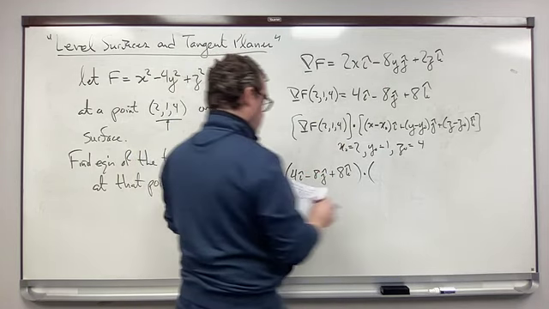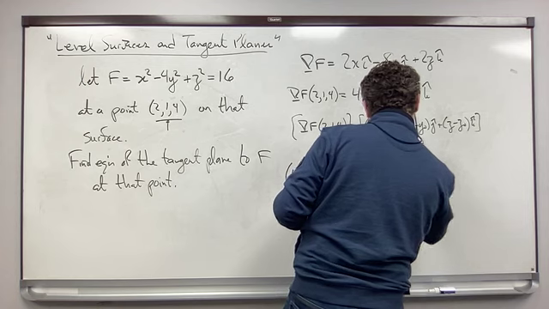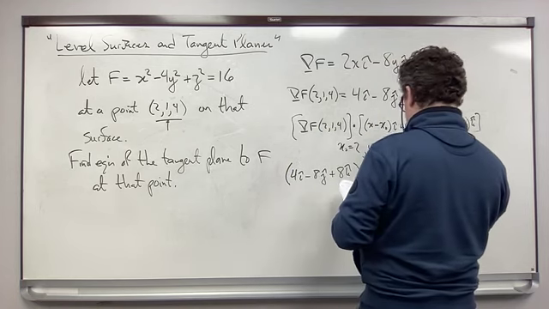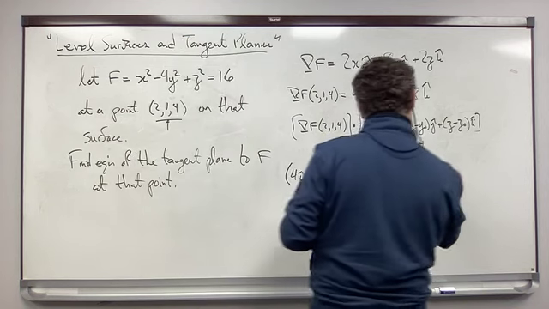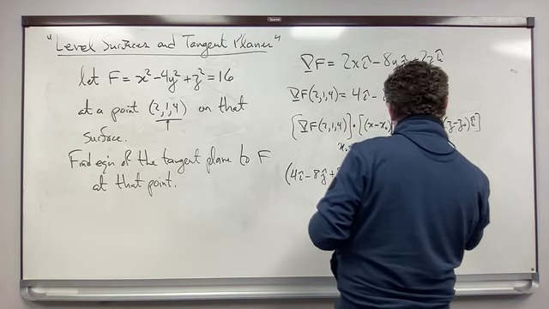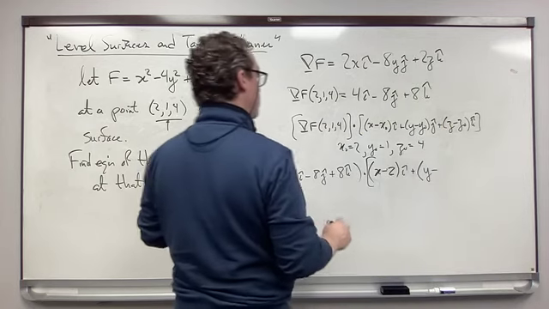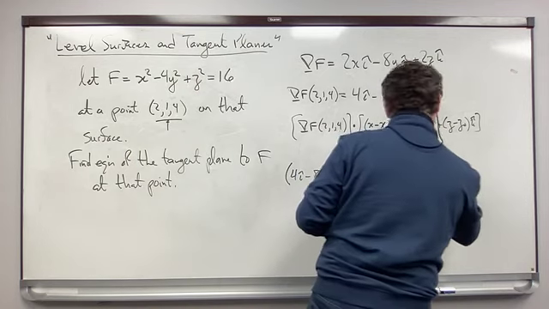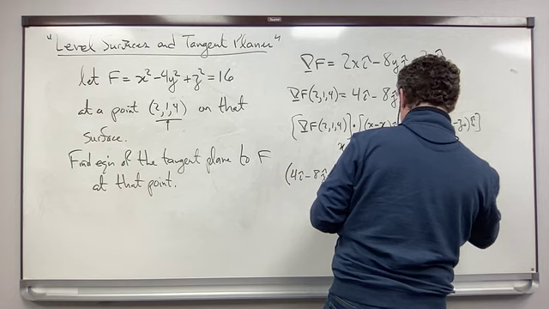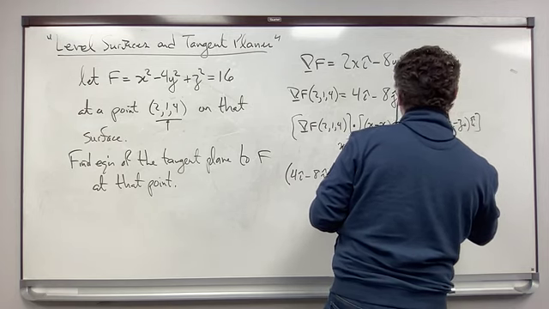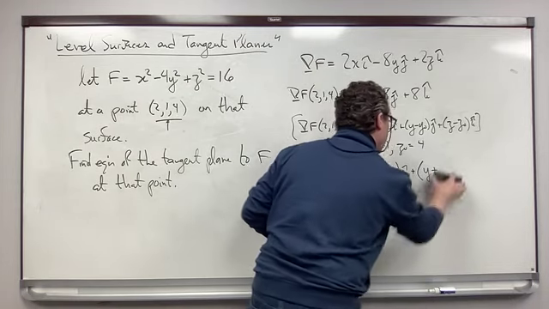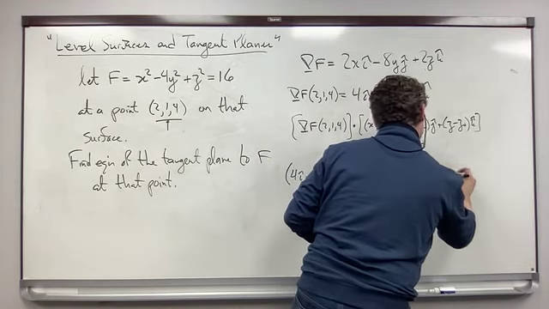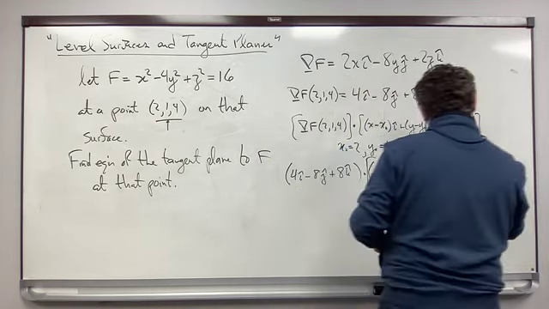So I basically have x minus 2 i, and then y minus 1, sorry, y is not minus 1, y equals 1. So y minus 1 j, plus z minus 4 k.